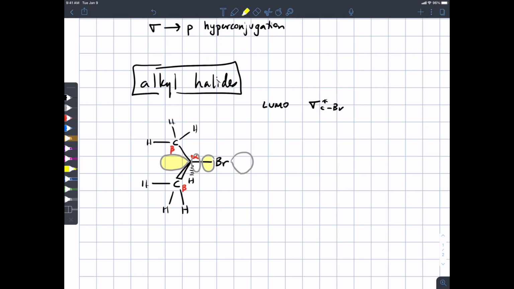I'm going to color in the wave function sign relationship so that you can see where the nodes are. For this sigma star, we have a node at bromine, a node at carbon, and a node in between the two nuclei, and that's how we identify it as a sigma star.